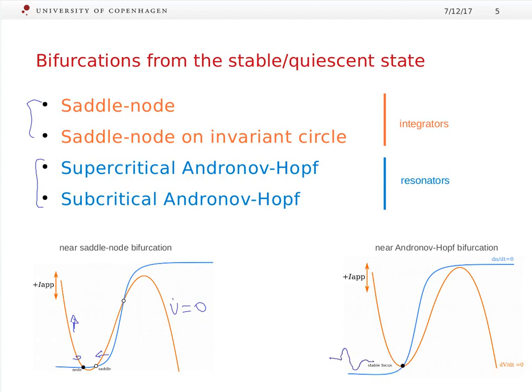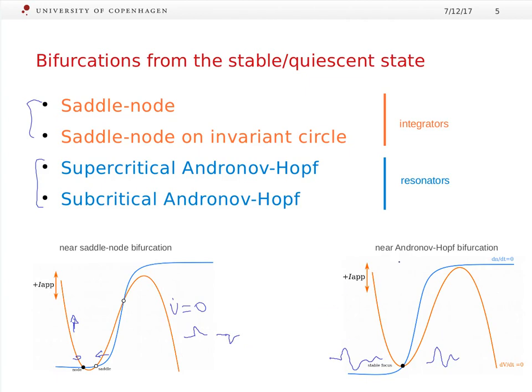So the return to the resting state is oscillatory, whereas the return to the resting state in the saddle node bifurcations is monotonic. And it doesn't matter whether we hyperpolarize or depolarize the neuron, the return would be monotonic.